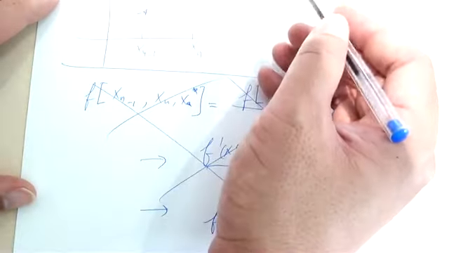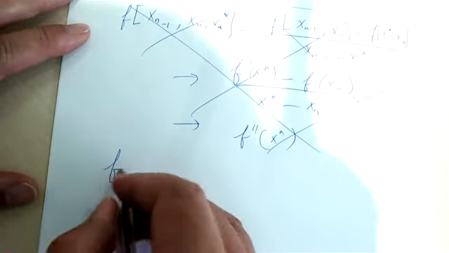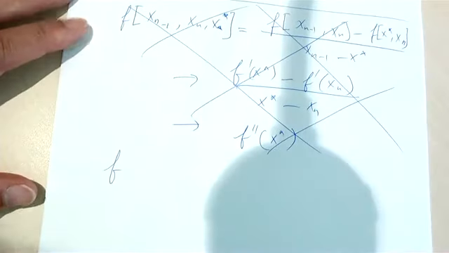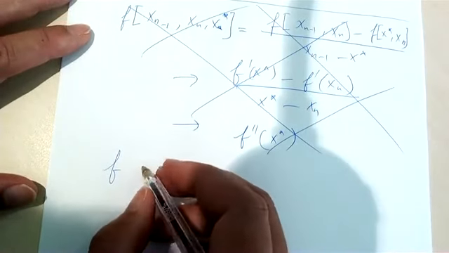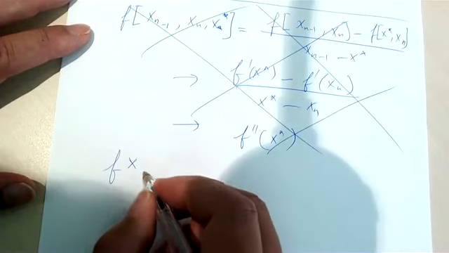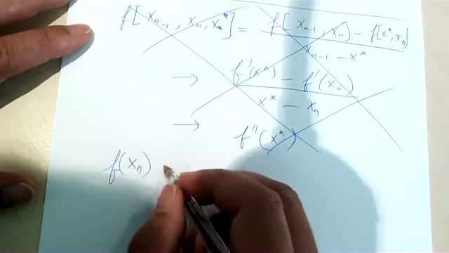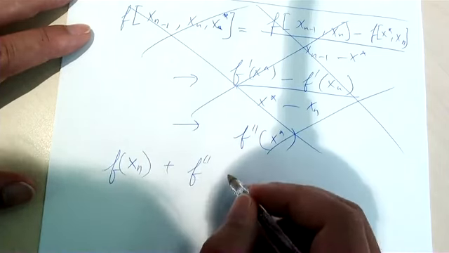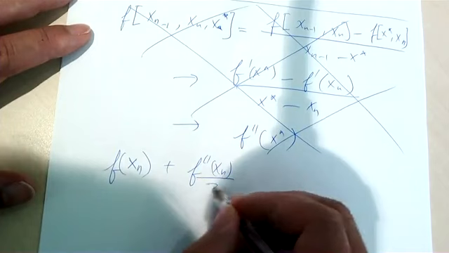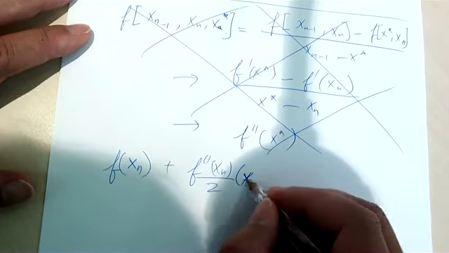This one is valid, because the ratio goes to f prime. But if you look at the Taylor polynomials around x star, you got like f xn plus f double prime xn over 2 plus x minus xn.